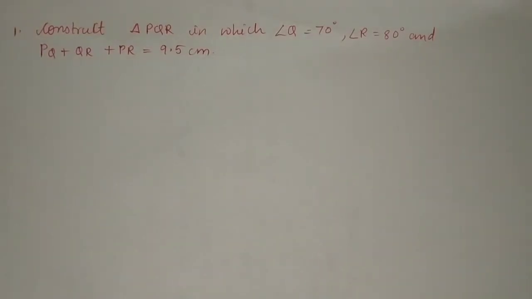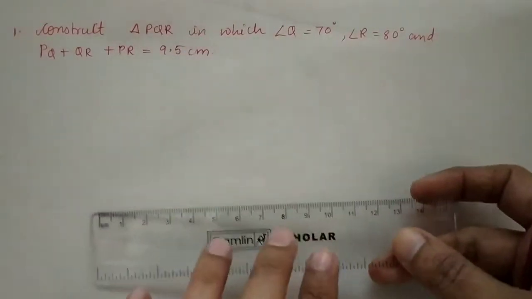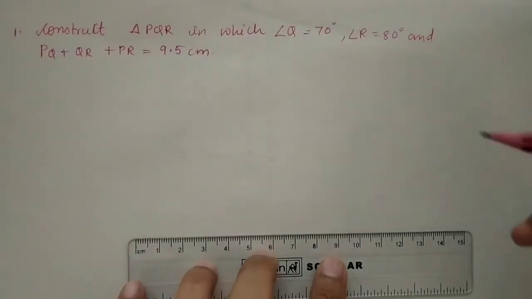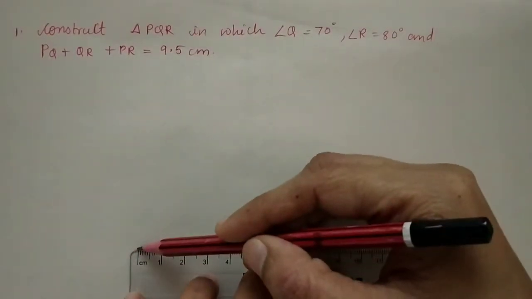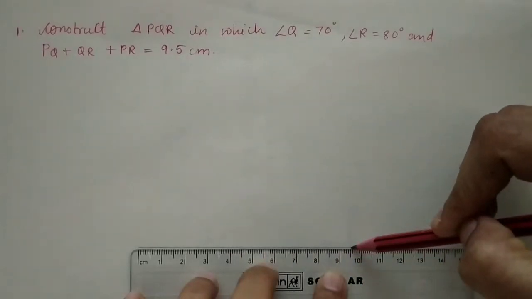These are very easy constructions. First, you have to take your ruler and draw whatever is given to you. So 9.5 is given to us, and 9.5 is not the base, but it is the addition of all the sides. We will do that later, but first let us draw the base of 9.5.